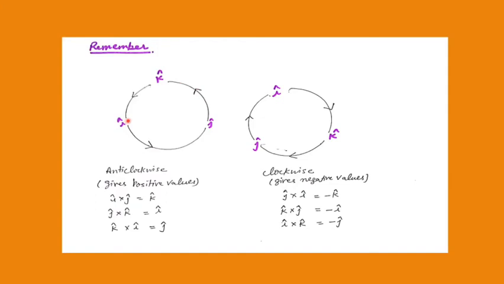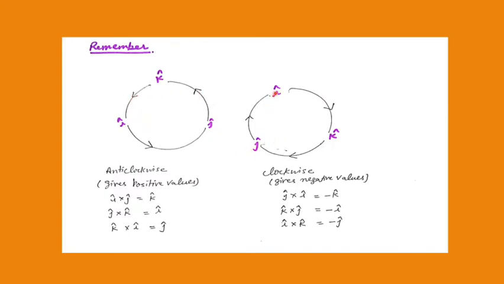This way I am moving outward, away from you. Positive sign. So i cross j is positive k, j cross k is positive i, k cross i is also positive j.